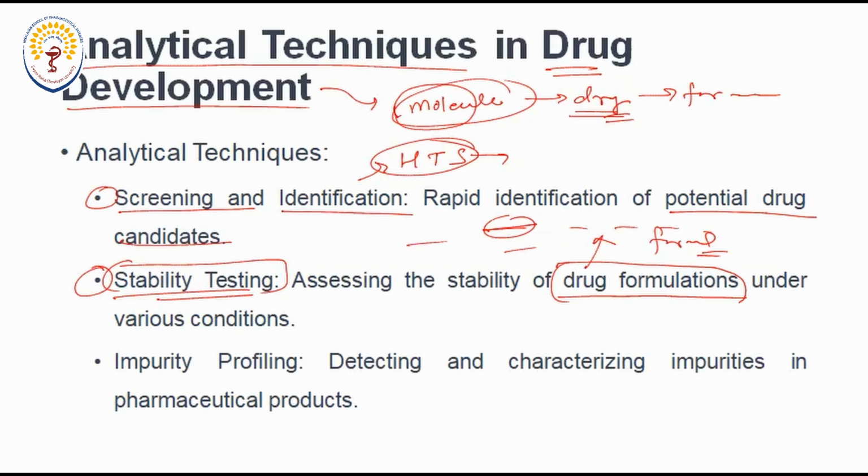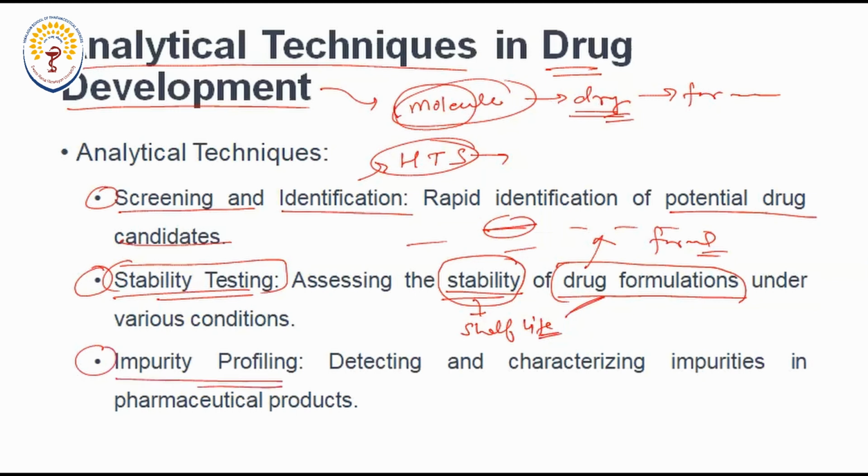You need to understand that. We have to check which drug formulation should be made, and we also need to check that in that formulation our compound is stable for its given shelf life. So stability testing is a part of the analytical procedures that is constantly done to check the stability of our formulations.